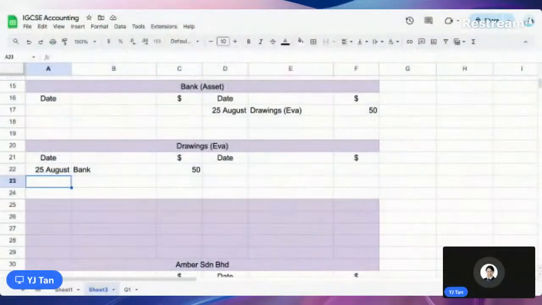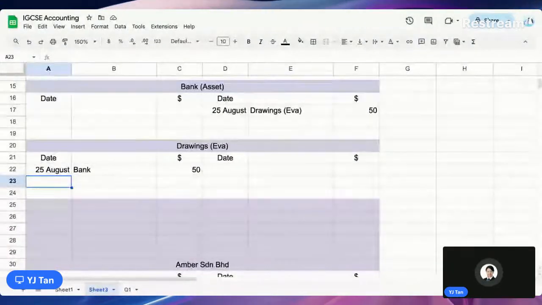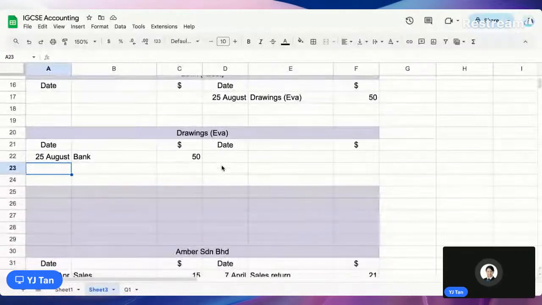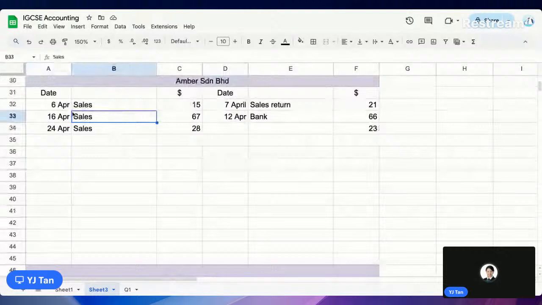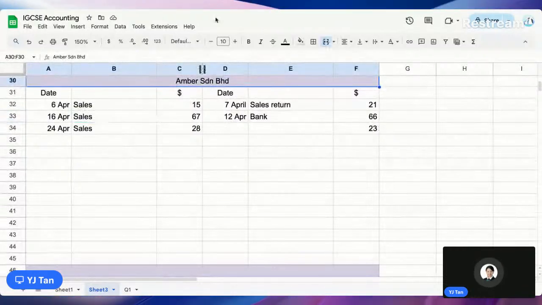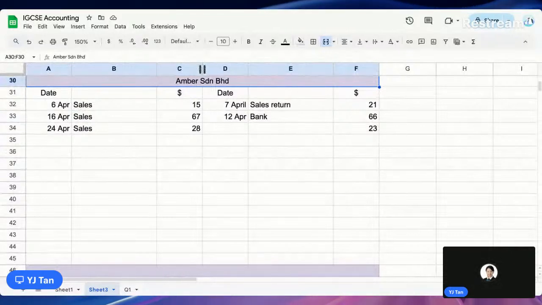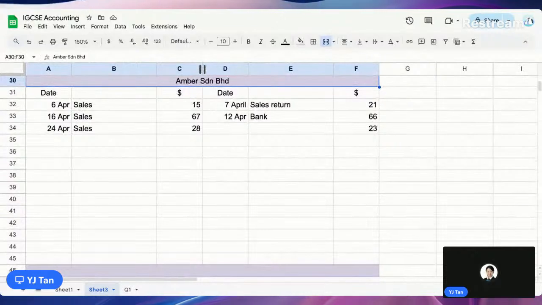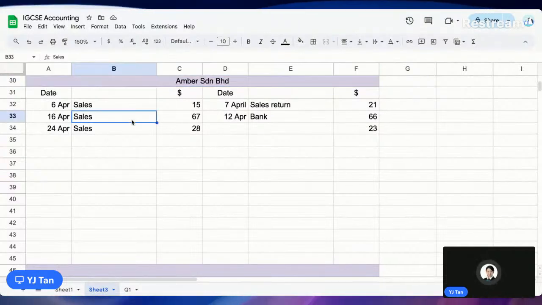Let me share the screen, the T account here. I have already keyed in some entries, which is Amber's account. Here you go. For Amber, which is a trade receivable, that means money to collect.